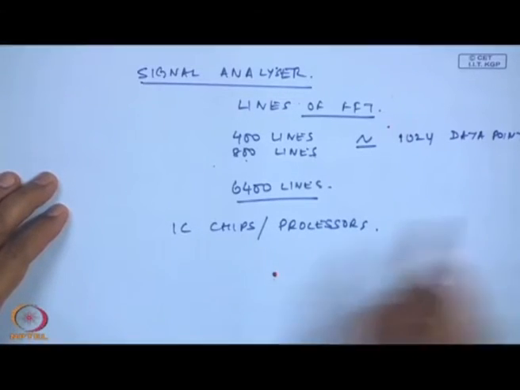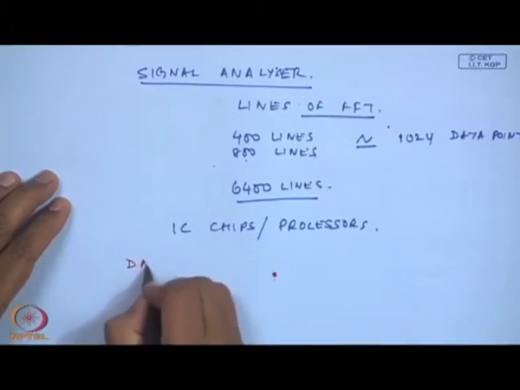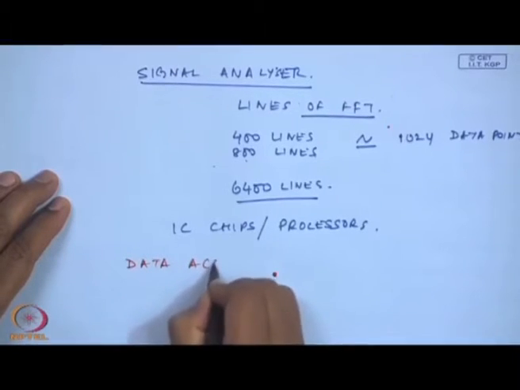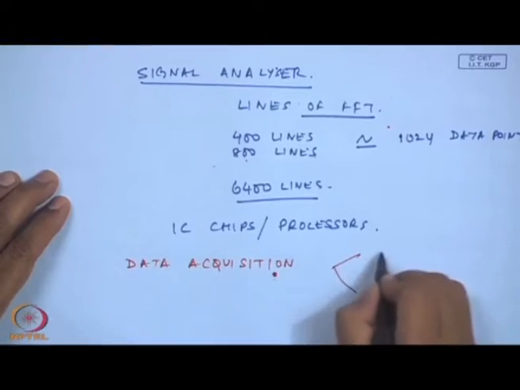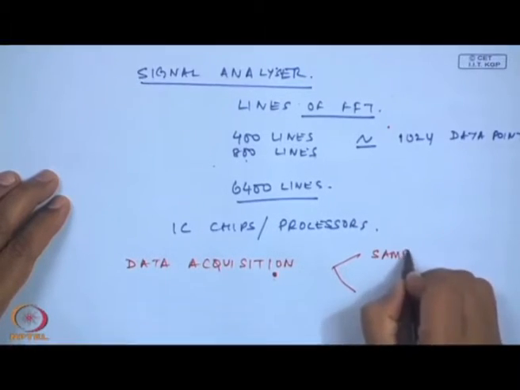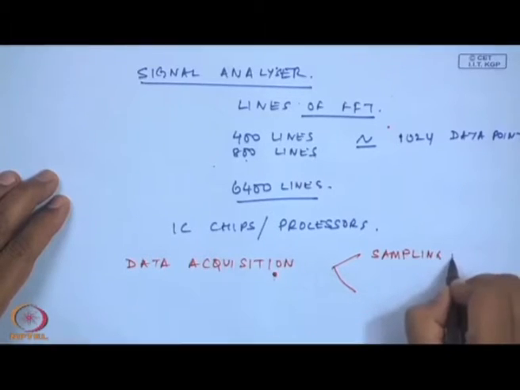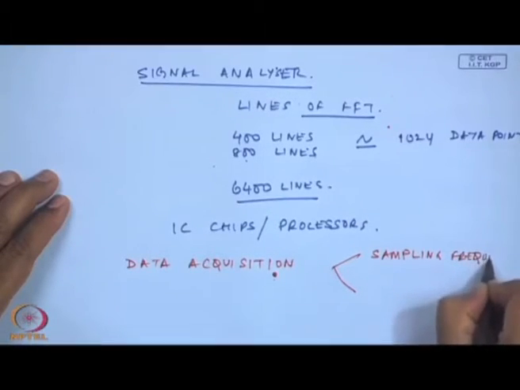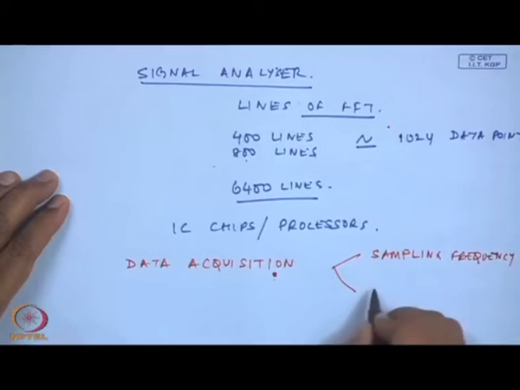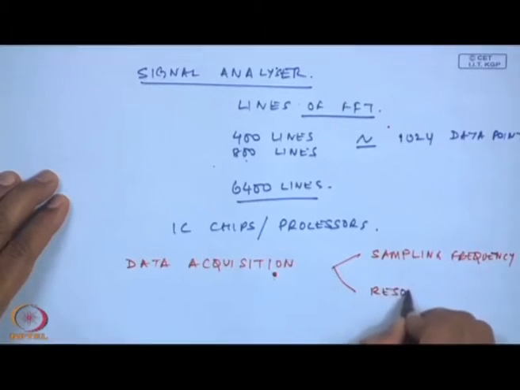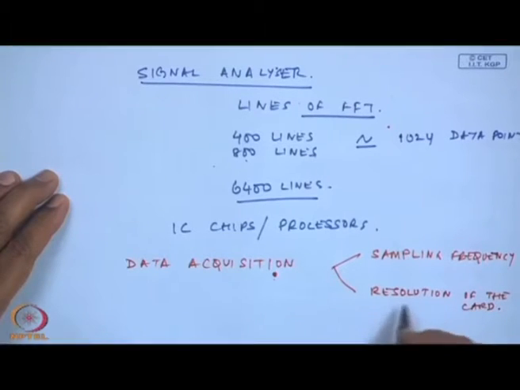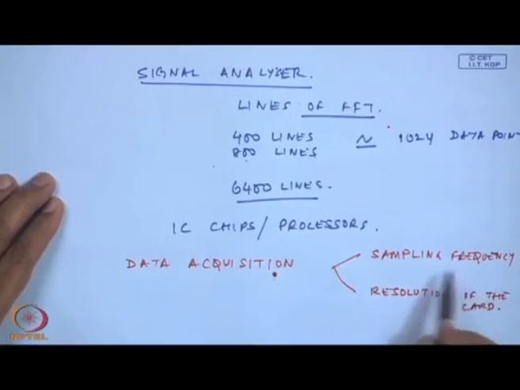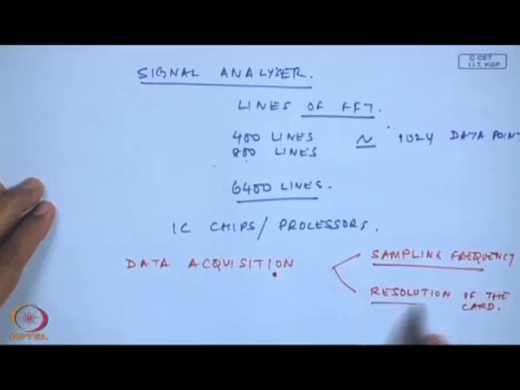As you know, in a data acquisition system, two most important parameters are the sampling frequency and the resolution of the card, in terms of whether it is 16-bit, 12-bit, etc. So, these are very important.